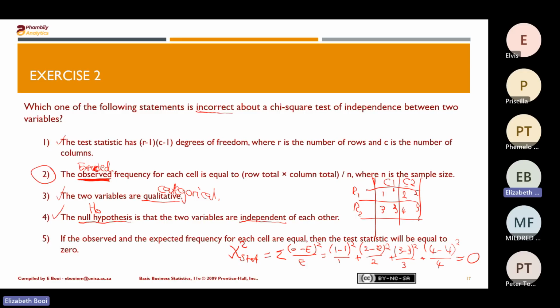If your expected frequency and your observed frequency are equal for all cells, then the test statistic will be equal to 0. Something is wrong with my mind today. So if all of the observed and the expected are equal, then your test statistic will be equal to 0. Okay, so that's what that statement is saying.